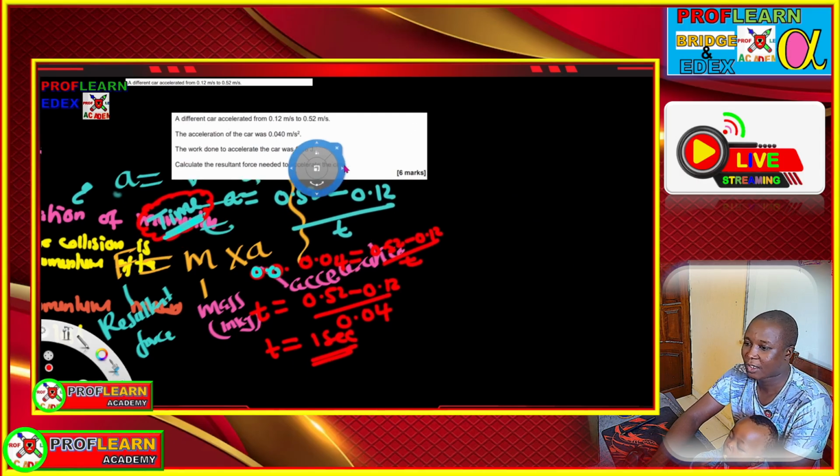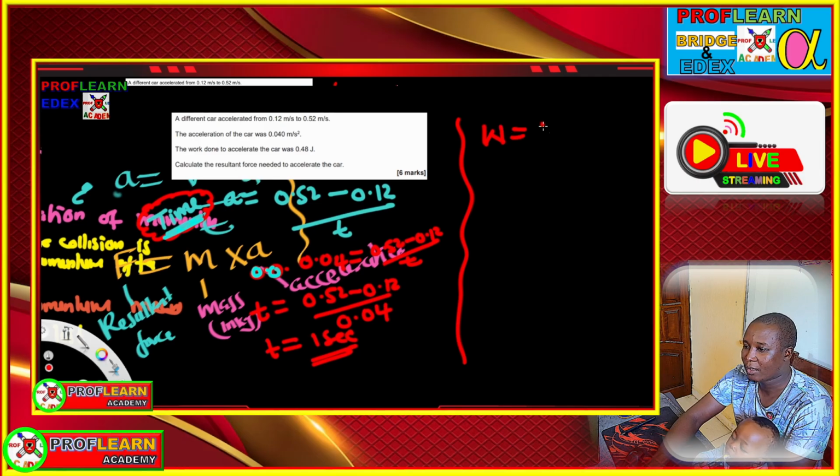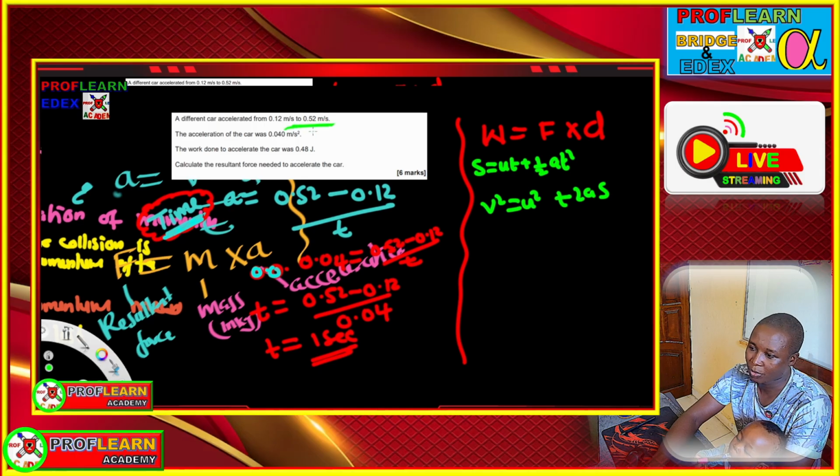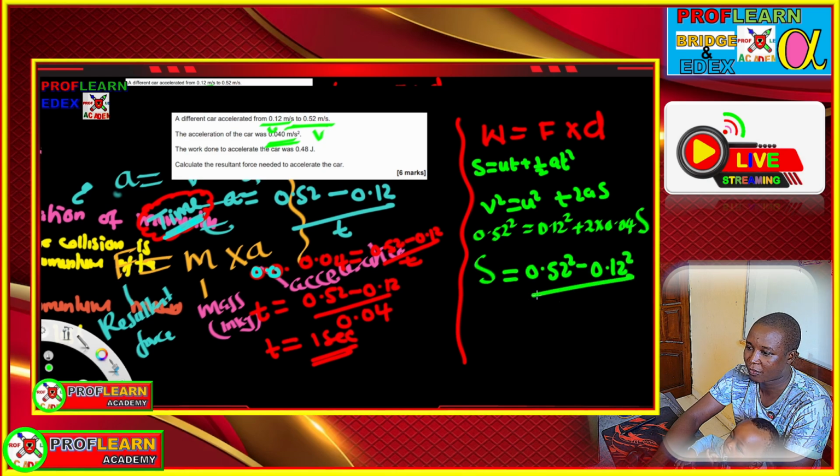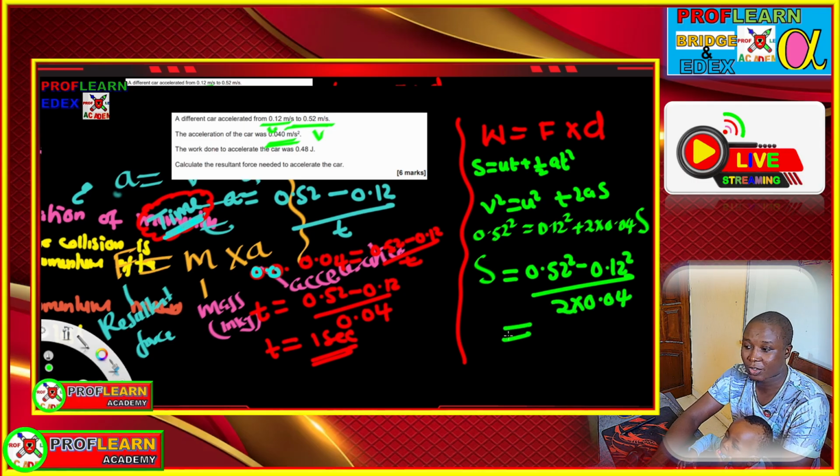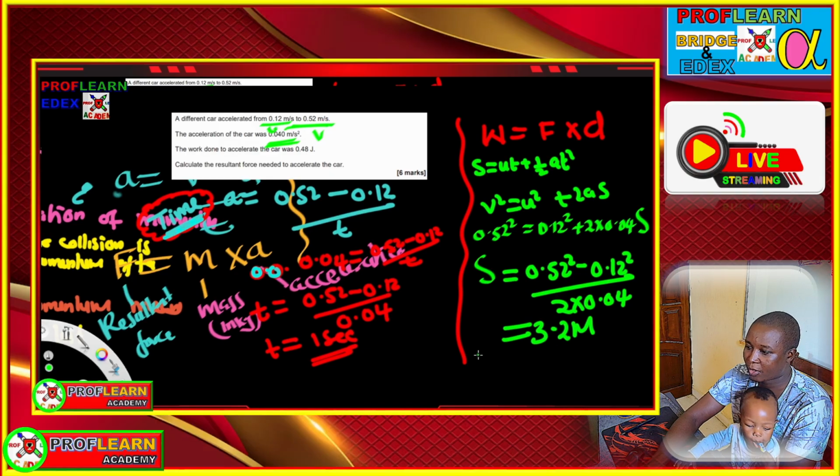And in the event we are asked to work out work done, it is force times distance, and in this question we are given the work done as 4.8, and first we were supposed to work out the distance. So using final velocity squared equals initial velocity squared plus 2 times acceleration times displacement, we can get our displacement from this formula, which is going to translate to 3.2 meters.